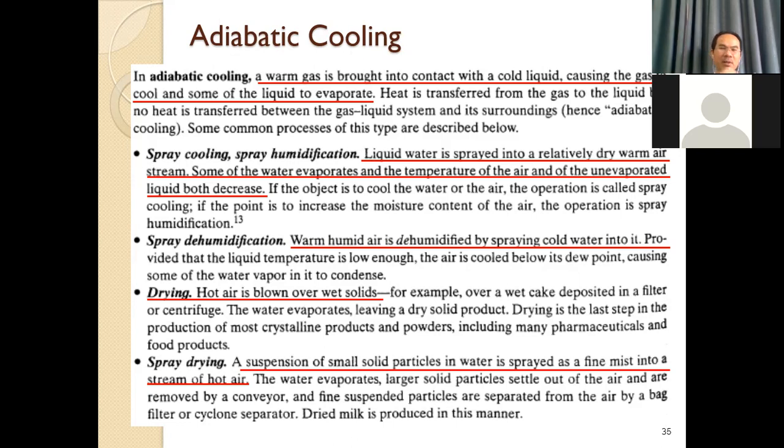Spray cooling means you would like to reduce the temperature of water or humid air. Humidification means you would like to increase the amount of water in the humid air. And drying means you would like to decrease the amount of water in the solid. That's why it's drying. This is a unit operation in petrochemical and chemical plants.